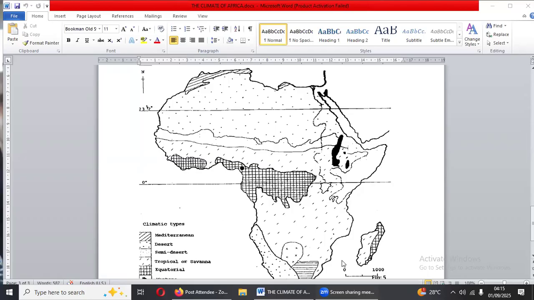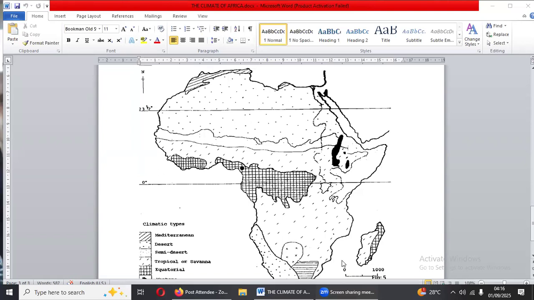Before we start our debate, I will just elaborate a little about what we are going to talk about. Whenever we are looking at different types of vegetation, they also give us different types of climate. For example, we looked at desert vegetation in the other lesson, which is found in the northern parts of Africa.